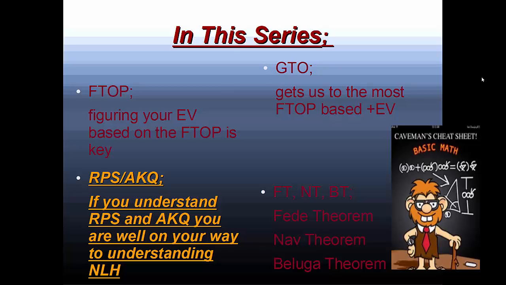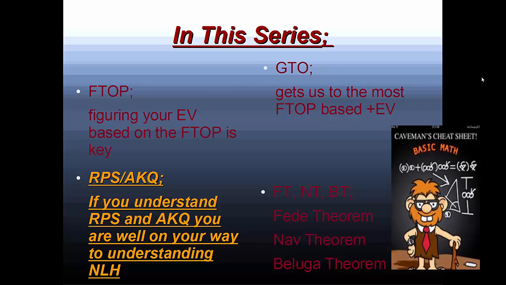So we could think of this as No Limit Hold'em A to Z, or by the letter, or something like that. But really what we're talking about are just the fundamentals, the best learning and teaching tools.